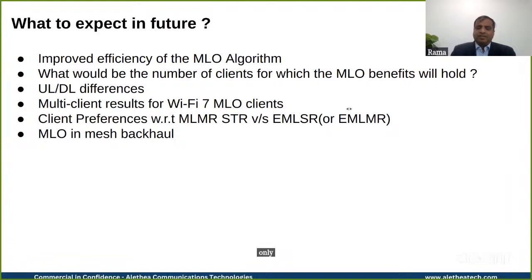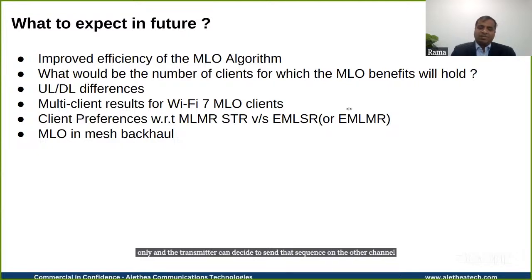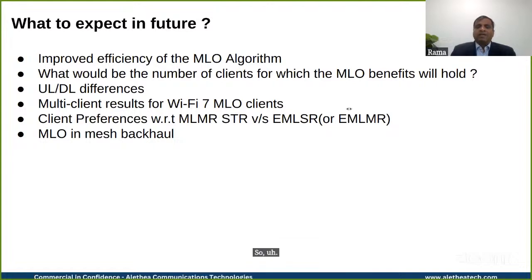And the transmitter can decide to send that sequence on the other channel based on the MLO selection algorithm at any point of time. Whichever device is transmitting decides on the channel on which it has to transmit. And the only thing is that you have to give sufficient time for the receiver to switch the radio, and hence the requirement for this MU-RTS CTS or RTS CTS sequence.